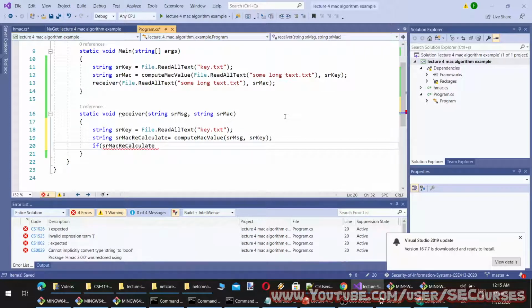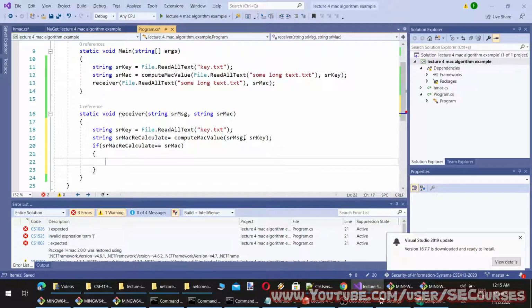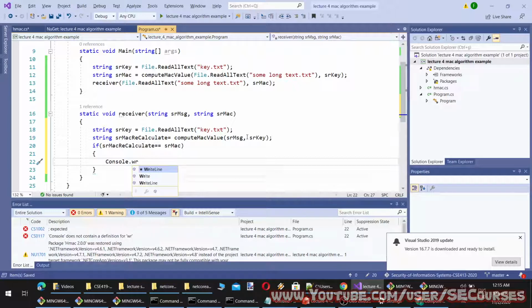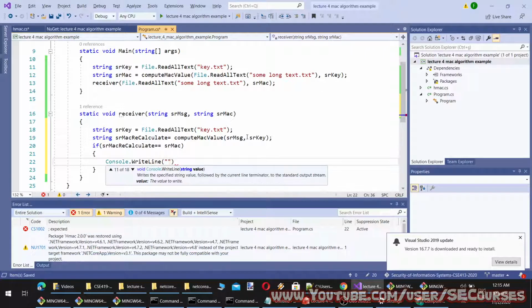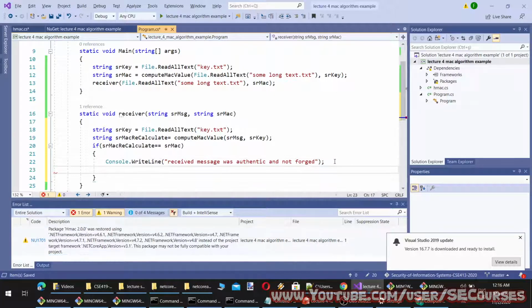So if it is equal to the received Mac, it will print that the received message was authentic and not forged. Okay, this should work.